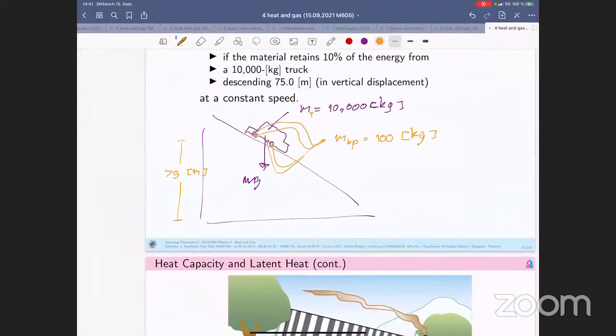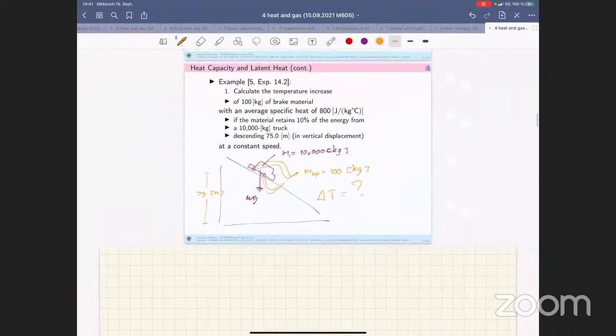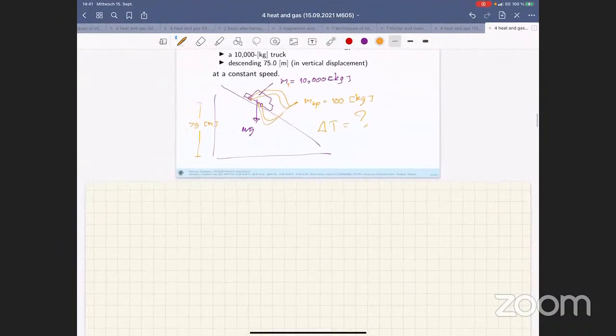We would like to know delta T. What is the increasing amount of temperature? We are going to calculate delta T in this scenario, starting from the usual one: Q is m c delta T. We want to find delta T, so delta T will be Q divided by m c again.